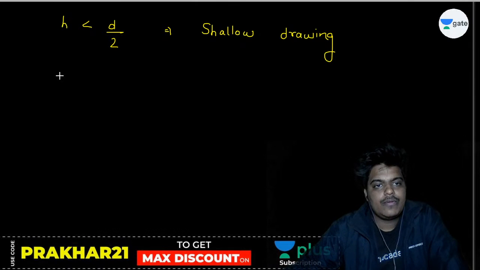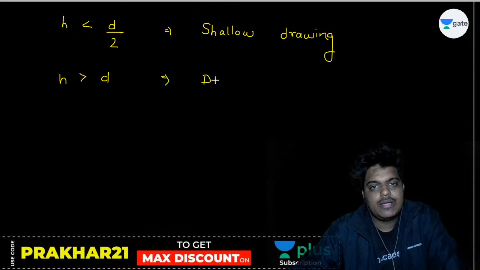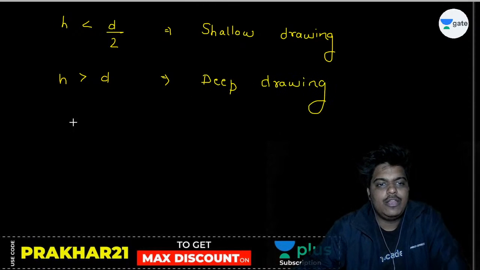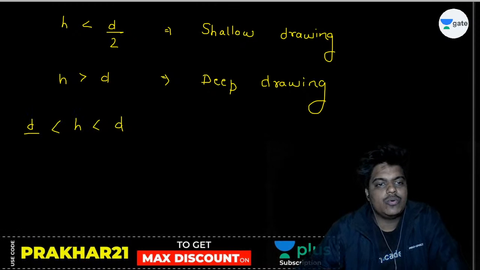And if h exceeds the diameter of the cup, it is known as deep drawing. If the value of h is less than d but more than d by 2, this is known as moderate drawing.